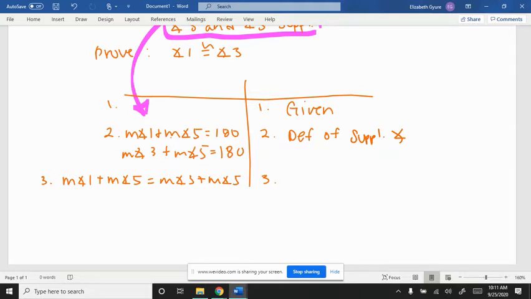Now, I would take two different answers here. There's two things that could work. You're taking two equations and setting them equal to each other. What in step 2 makes that reasonable? Why are we allowed to do that?